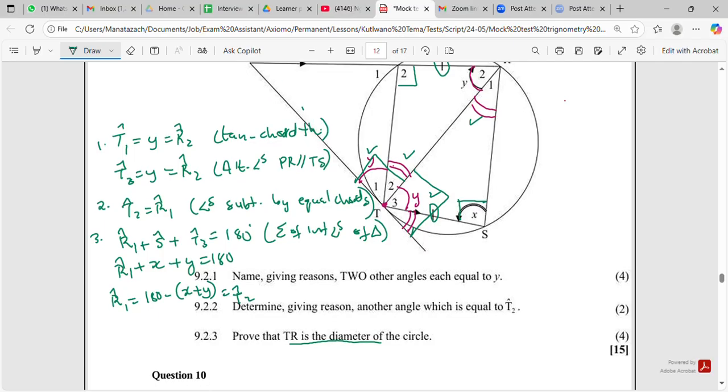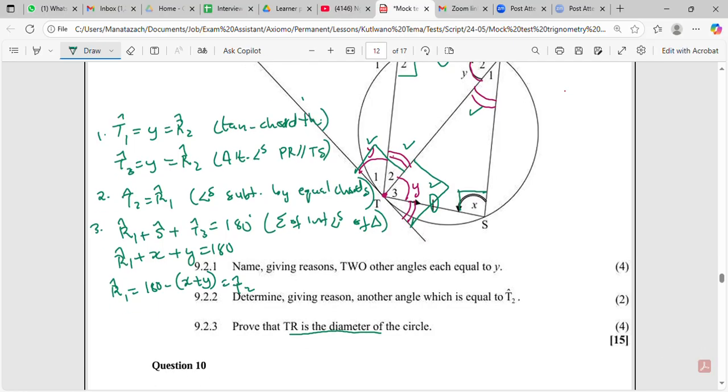So T1 plus T2 gives us angle S, which is x. The reason is the tan chord theorem. Let's do a replacement: T1 we said is y, T2 we've just worked out is 180 minus x minus y, and then angle S is x.